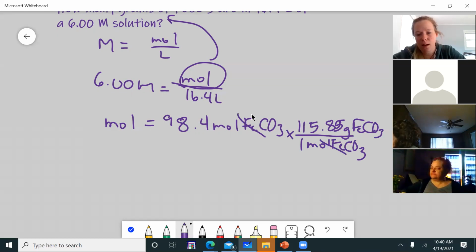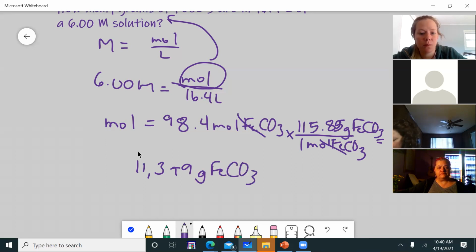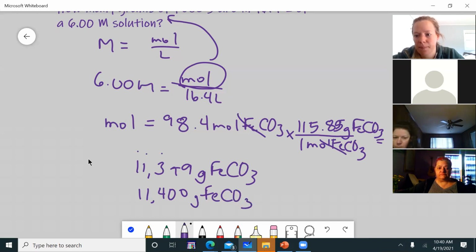So we're going to multiply those two together because we want to get rid of moles. 98.4 times the 115.85. End up with a relatively large number of 11,399 grams of FeCO3, and we only want 3 sig figs, so 1, 2, 3. So I'm going to go with 11,400 grams of FeCO3.